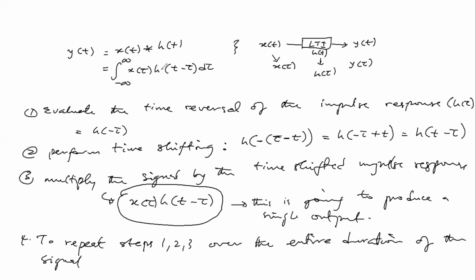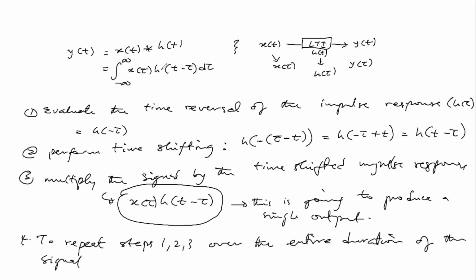And then X of tau is the signal that we are trying to perform convolution on. Okay, so this is just the process by which this convolution is achieved. Mathematically, yes. And all this is being done in an LTI system. Absolutely. Okay, thank you, sir. That's all. You are welcome.